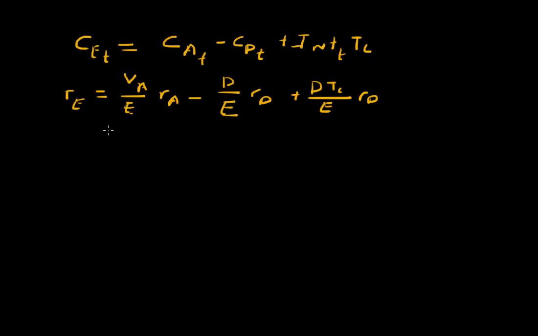I'm going to do a couple more manipulations. So we have, we're going to call this relationship just simply the debt to equity ratio. That should be pretty self-explanatory, but just in case.